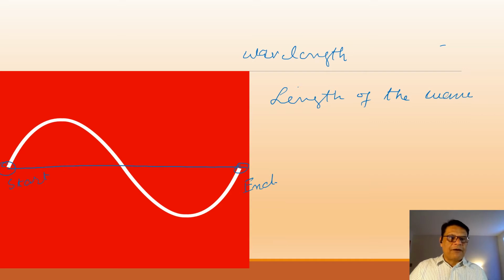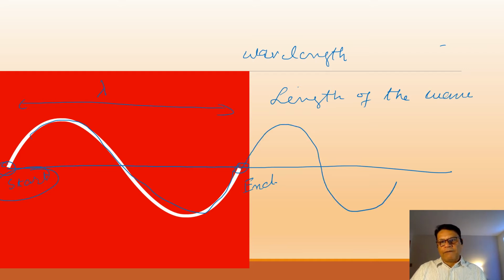So the distance covered by a wave from the start of the cycle to the end of the same cycle is called wavelength, and it is represented by the Greek letter lambda. Or you can define it as the distance from the start of a cycle to the start of a new cycle. This definition is almost the same, with just a change of words.